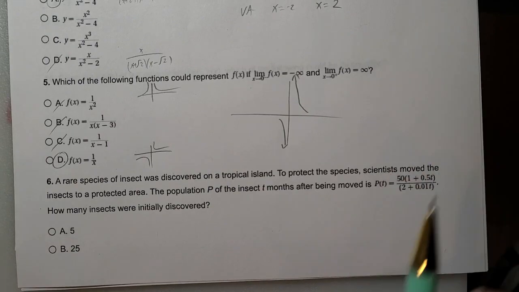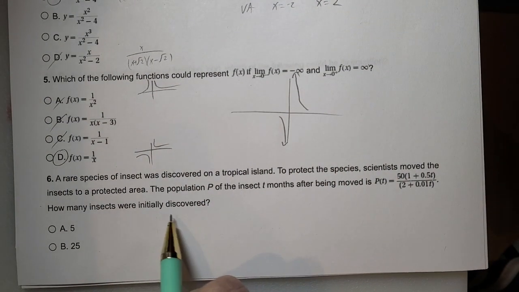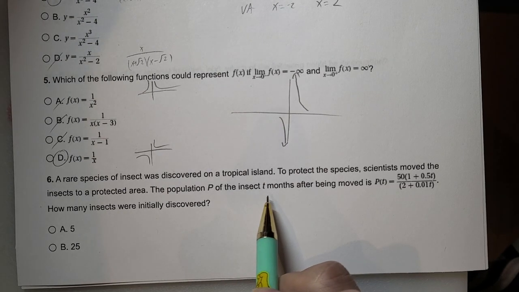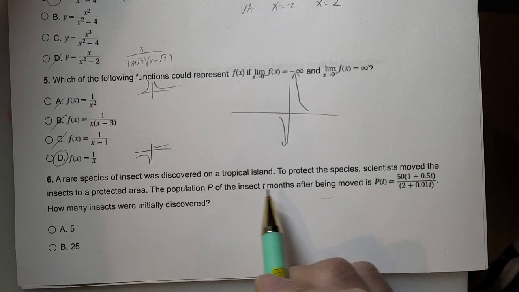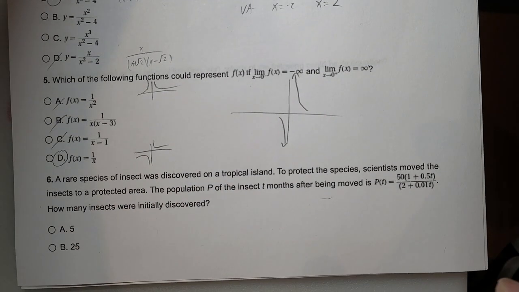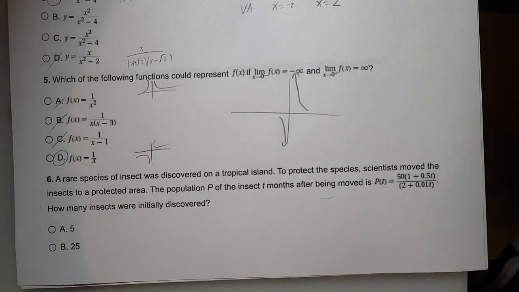Okay, there's more choices on the next page, but to explain how to do this, initially discovered means when T is 0, right when they got moved. Because at time T equals 0 months, that's when they just moved into the new place, or whatever the problem said.